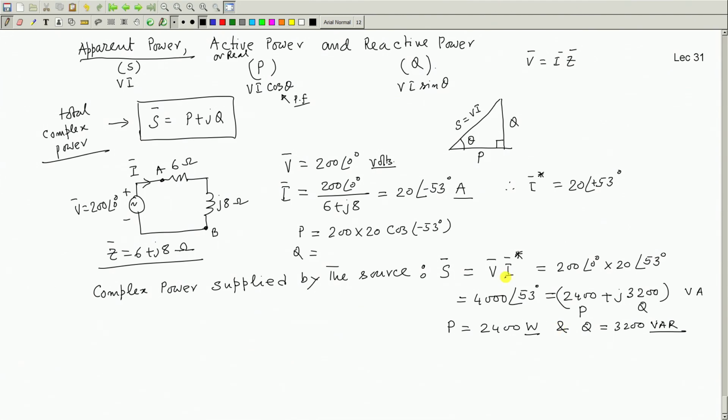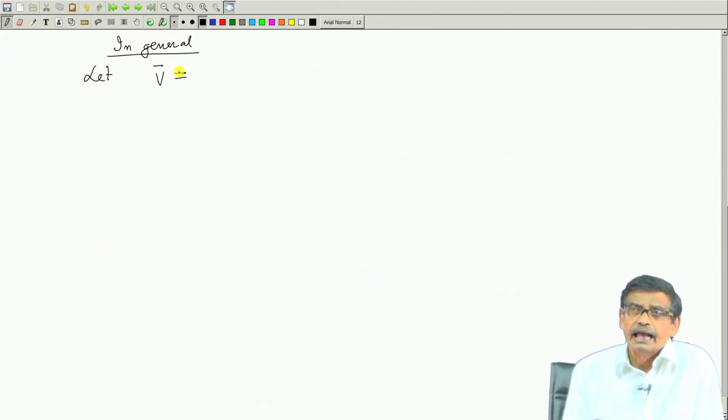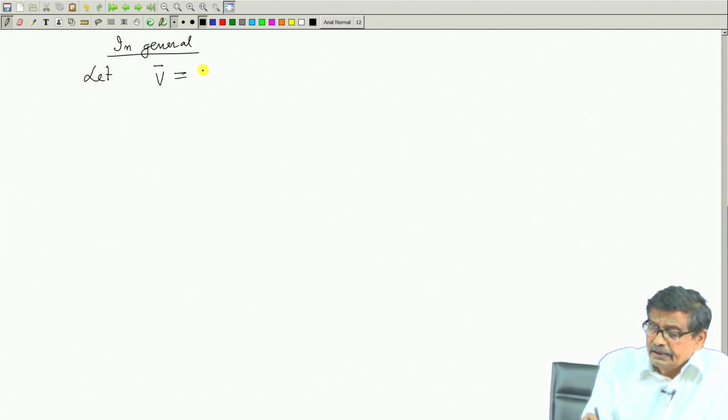Now, the question is why you take I star, why not take V into I only and calculate these things. It is better to note that in general the voltage phasor could have any angle, for example, its angle is alpha.